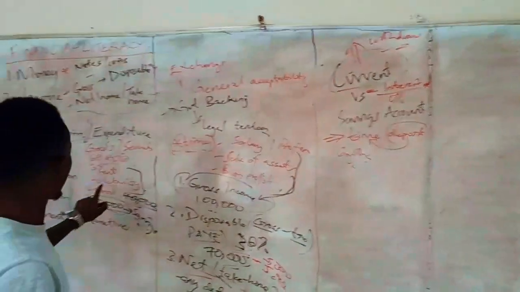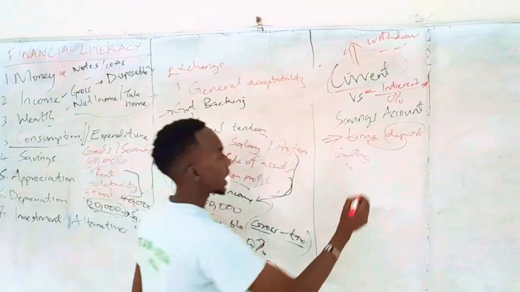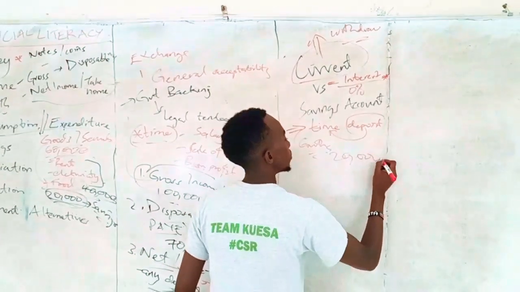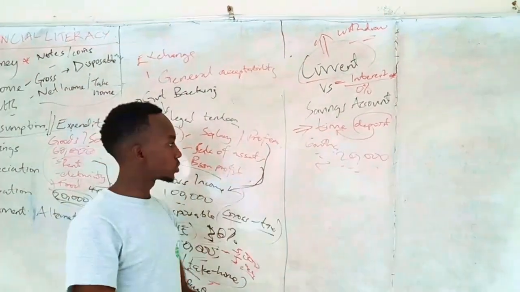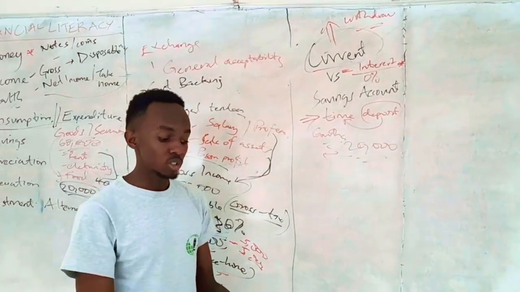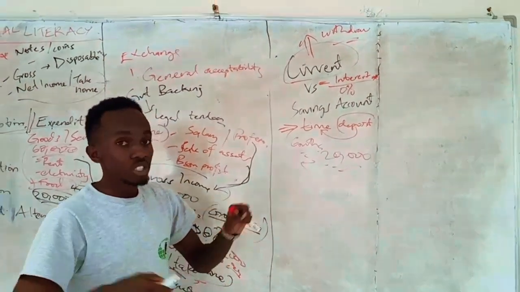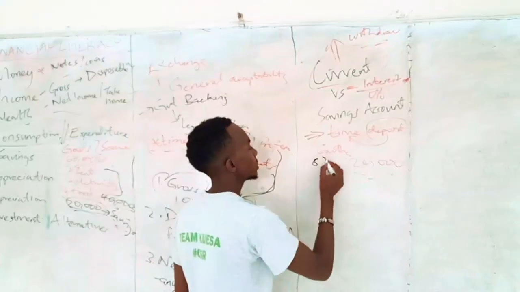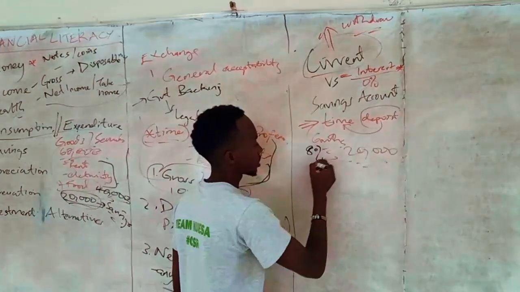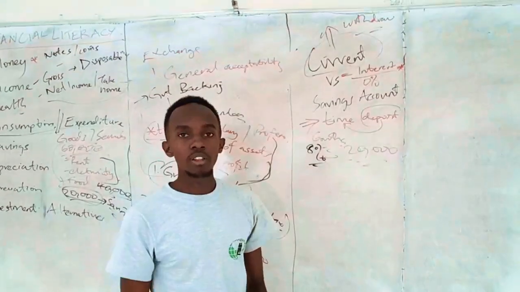So I have taken my 20,000, which was my savings, and deposited it, and we have agreed with the bank that I am going to take this money after 6 months. So that will be about December of 2024. In return, the bank tells me that it's going to give me an interest of about 8%. This is theoretical, of course, 8% on this income.